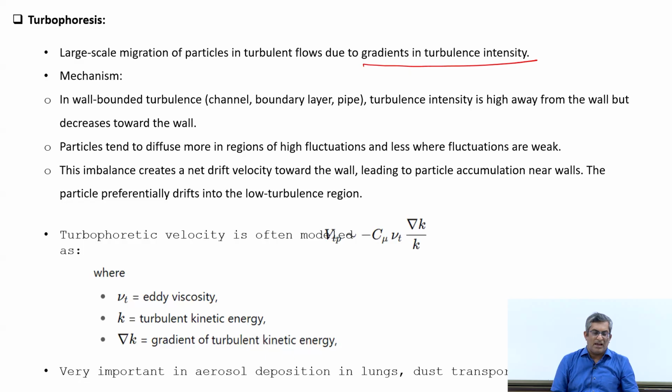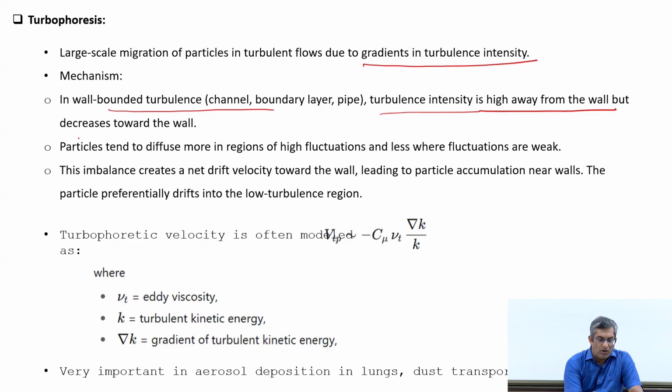So, this happens when we have, for example, wall bounded turbulence. See, in the previous cases we never considered any wall effect, but if you have any wall effect, then there is a strong gradient of velocity as well as a gradient of turbulent kinetic energy, and the turbulence intensity is high away from the wall but decreases towards the wall.